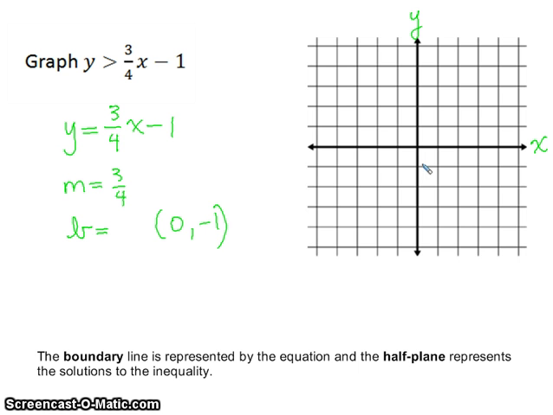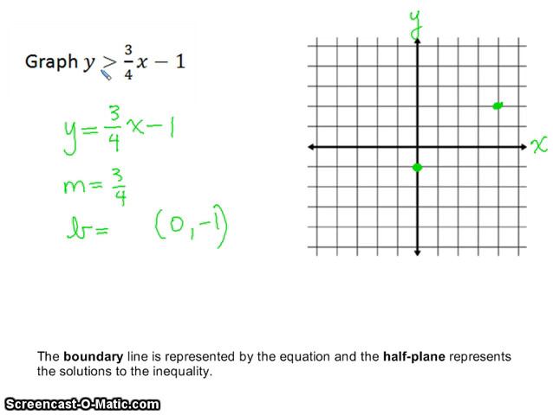So I'm going to go ahead and graph (0, -1), and then I'm going to remember that the slope is the change in y over change in x, or the change in the dependent variable over the independent variable, or the vertical change over the horizontal change. So we're going to go up 3 units and over 4. Okay, but this time when I graph the line, it's going to be a dashed line.